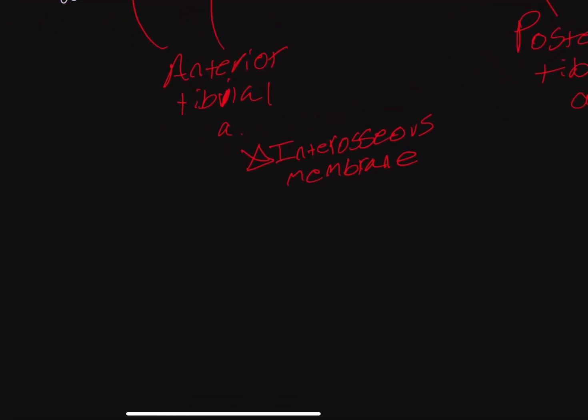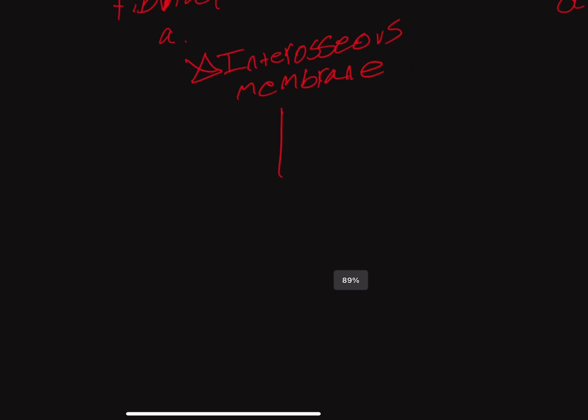The anterior tibial is going to run down the tibia, and once it crosses that imaginary line that separates the ankle or the foot from the lower leg, it's going to travel on the dorsal aspect of the foot, and it's going to become the dorsalis pedis artery.